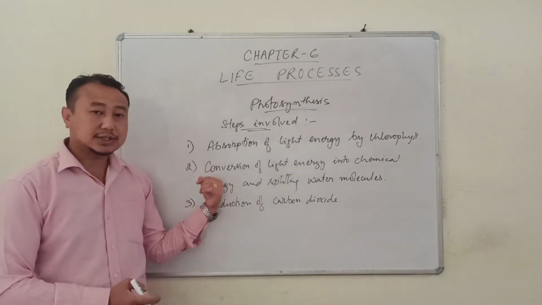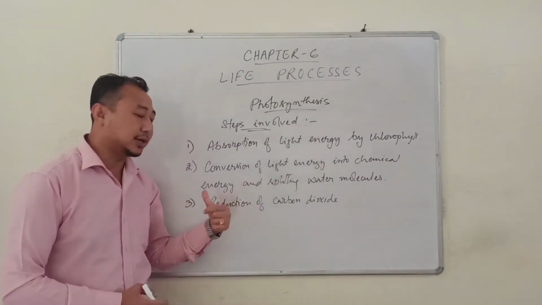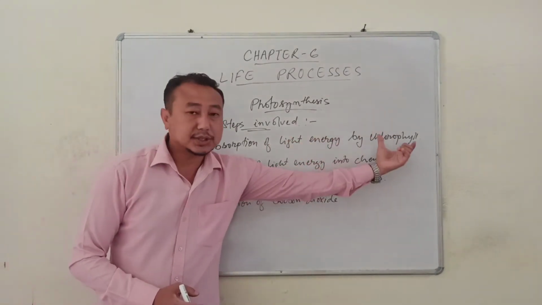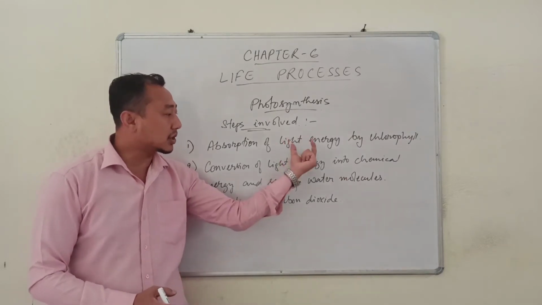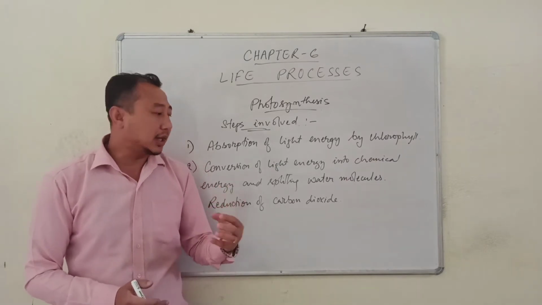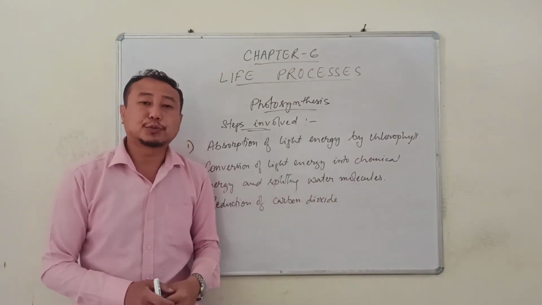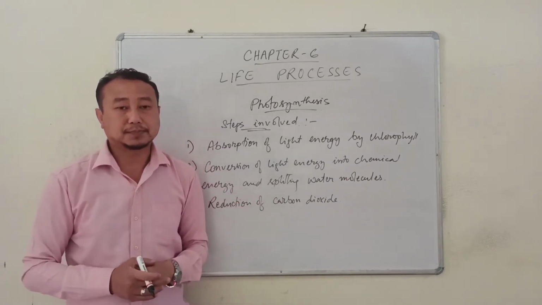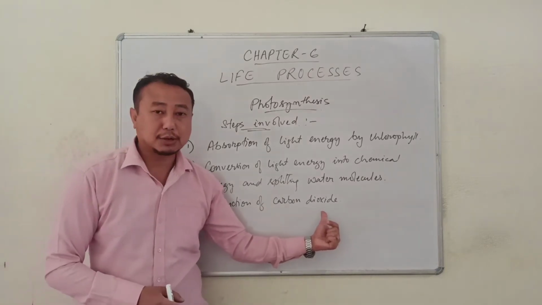After that, the second step takes place, that is the conversion of light energy into chemical energy. So after the light energy is absorbed by the chlorophyll, the second step involved is the conversion of this light energy into chemical energy. After that, the chemical energy will be utilized to split the water molecule to form hydrogen and oxygen. Then the third step involved is the reduction of carbon dioxide.